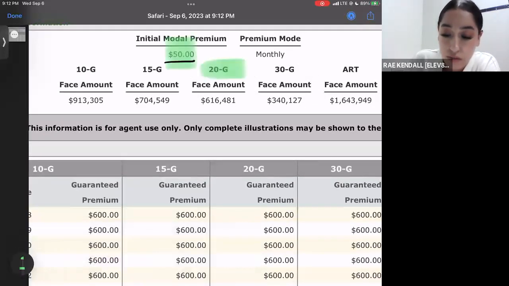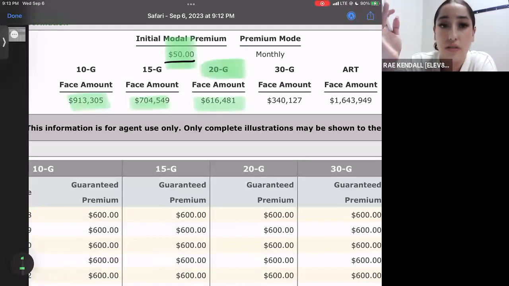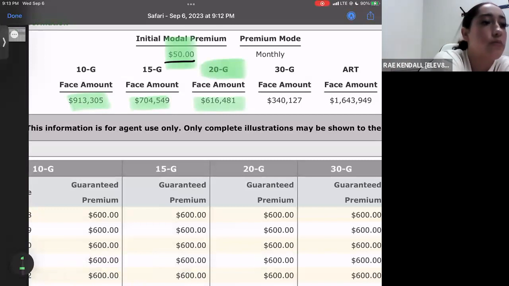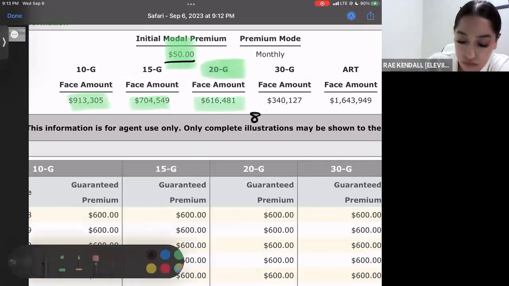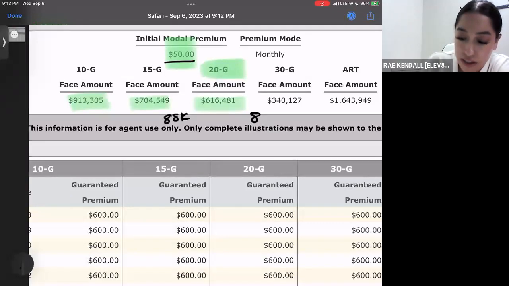For $50 a month, you can get 5 more years longer, but if you notice, the shorter the amount of time, the more life insurance they'll get. For 20 years, they'll get 5 extra years, but it only drops from 704 to 616. So it's an 88K decrease from this, but an additional 5 years.